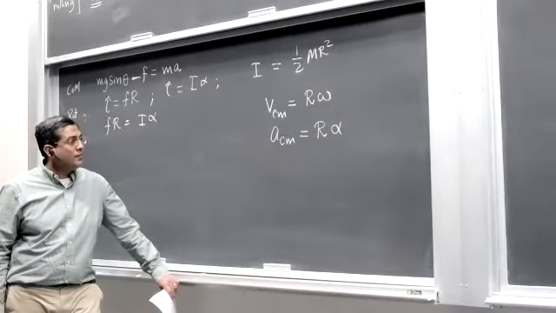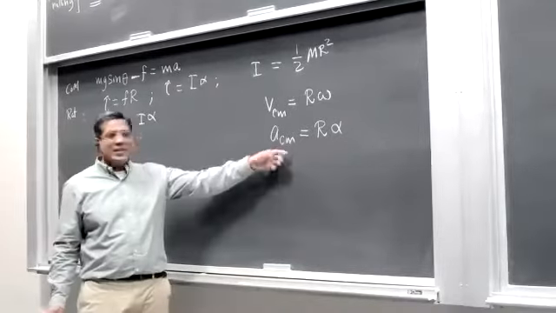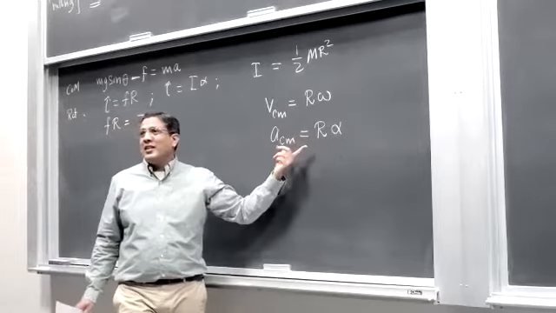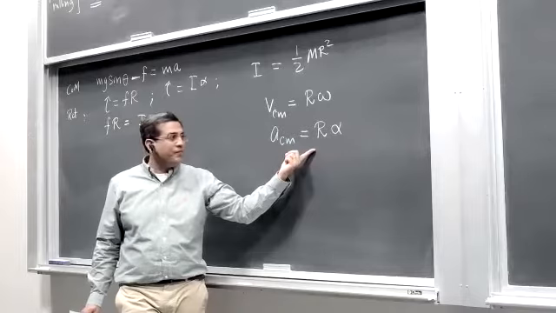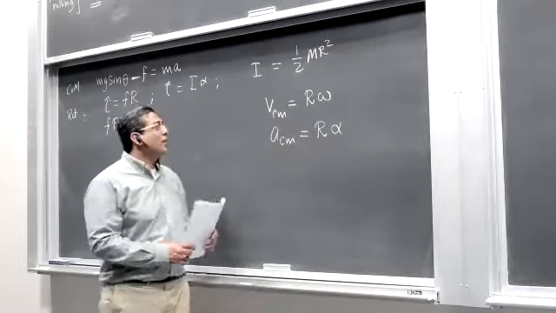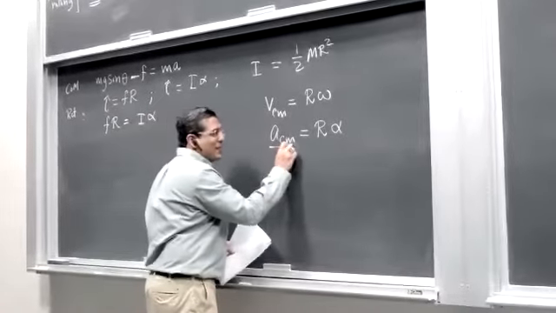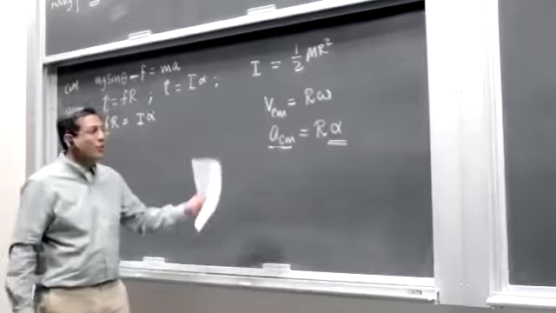Okay, now you have to be careful. There is another relationship between tangential acceleration and alpha, and it looks the same, doesn't it? But this relationship comes from the condition of rolling without slipping, and this is the center of mass acceleration related to the rotational acceleration. So these two relationships are different.